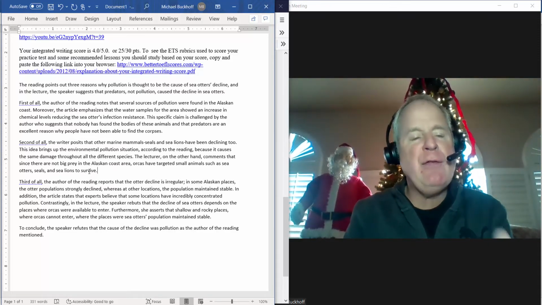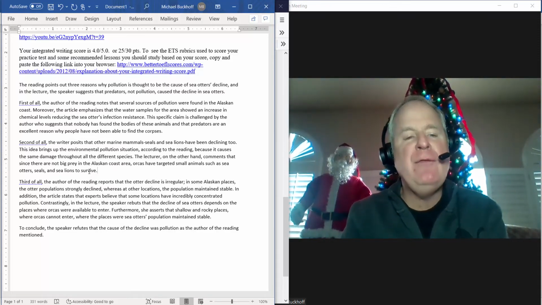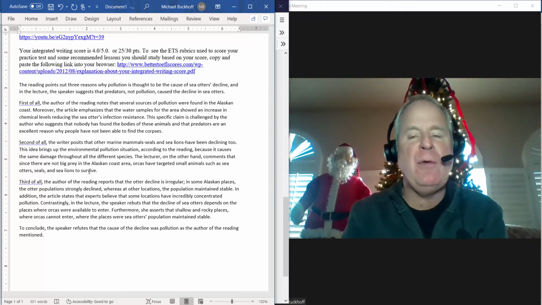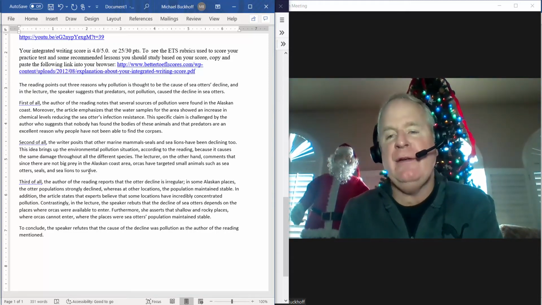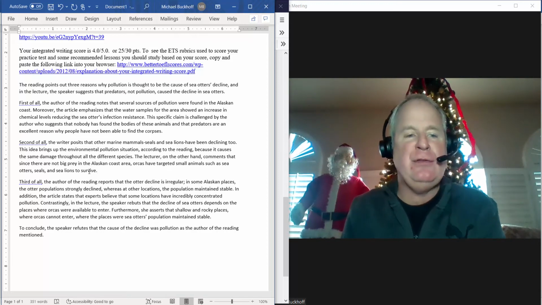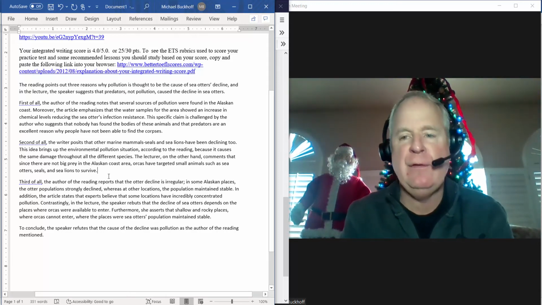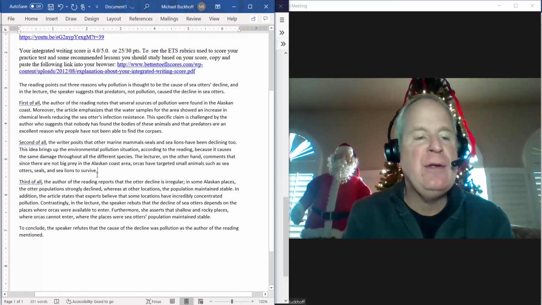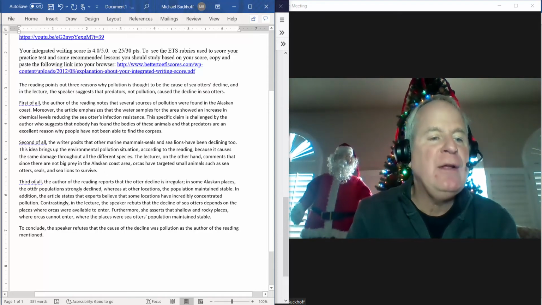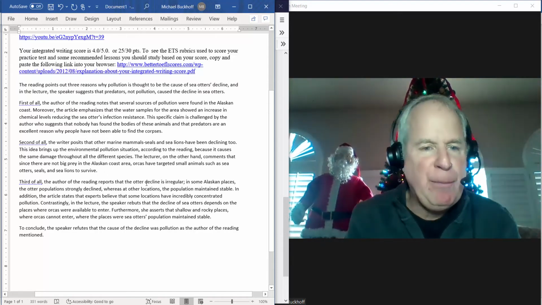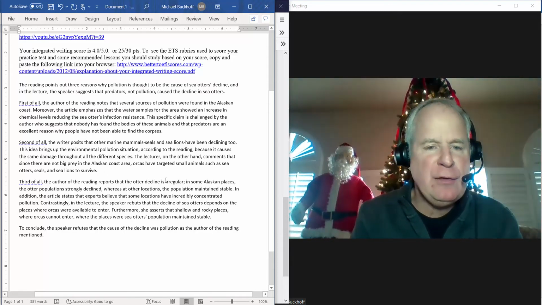Then you could say here, therefore, the decline of these small marine mammals is because they're being eaten, not because of pollution issues, concludes the speaker in the lecture. You could probably add that right there. Say, third of all, the author of the reading reports that the sea otter decline is irregular.